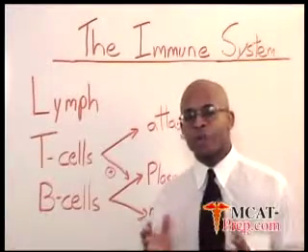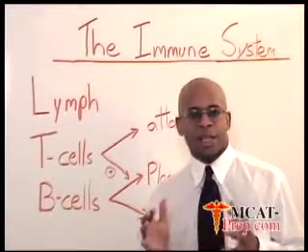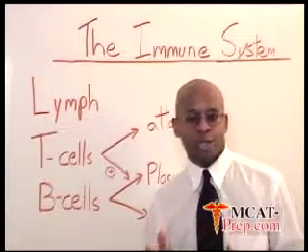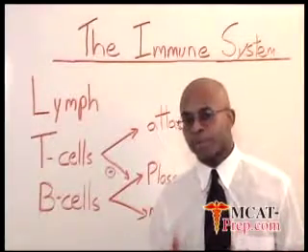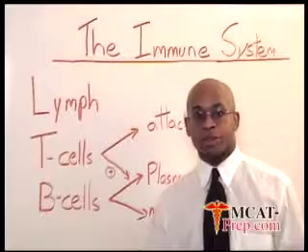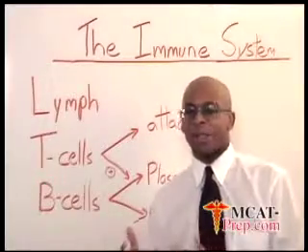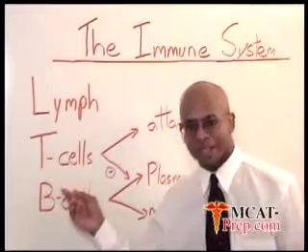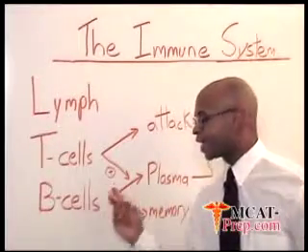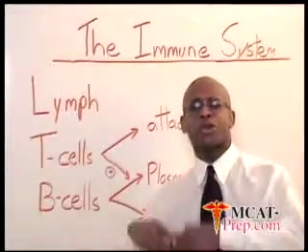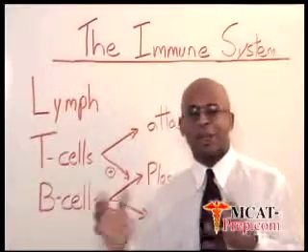But there are other types of T cells. Some cells are called T4 cells or T helper cells. These T helper cells will stimulate other cells to help in the attack. So it will stimulate other T cells. It'll also stimulate B cells. It'll also stimulate macrophages and other types of cells.